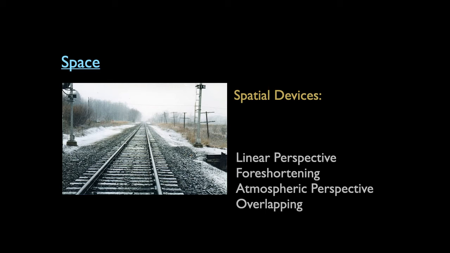Atmospheric perspective describes the way air particles disrupt the photons of light. So the light comes from the sun in this photograph here. It hits the railroad ties right up close to us, and then bounces off that, hits us in the eye, and it moves through space. It moves through air from the railroad tie to your eye, but not a whole lot.